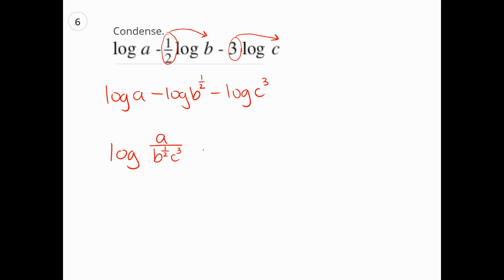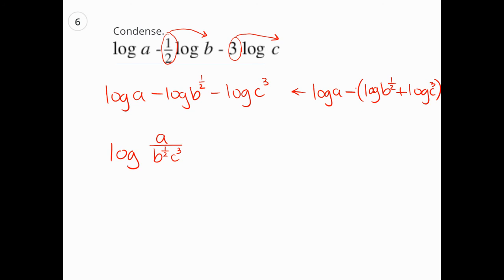Another way that we could think about this is, in this step right here, to make it a little more obvious, I could have factored, and said log A minus log B to the 1/2 plus log C cubed.